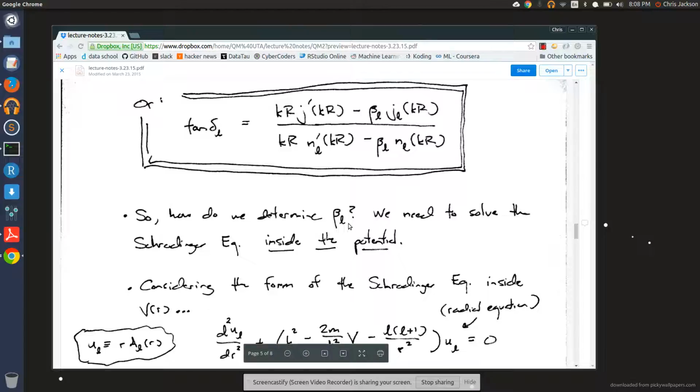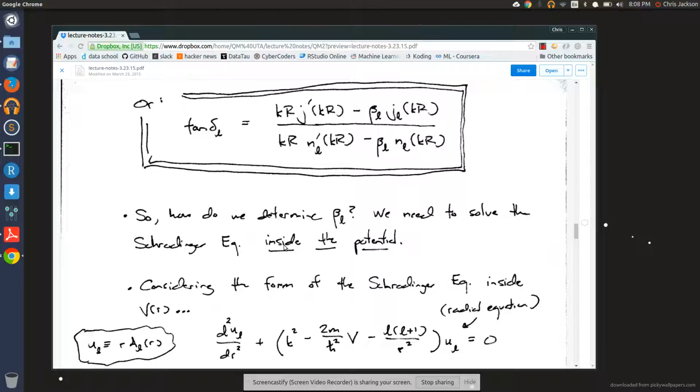Okay, so the big question is, how do we determine beta sub L? And like I said, what we need to do is solve the Schrodinger equation inside the potential, and then match onto the solution from outside, right? And in simple cases, you can. So if it was like the Coulomb potential, you could solve Schrodinger's equation inside.